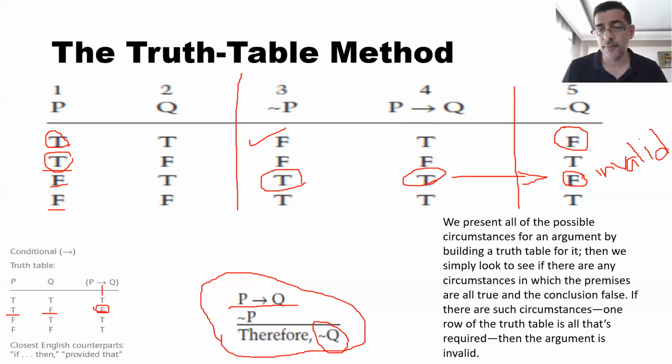Because the premises are true, but the conclusion is false. And this can't be the case. Now, so how many rows of inconsistency did I find? Only one row, this one. So that is enough for me to say that this argument is invalid. I think we'll look at some other examples and we'll understand this better.